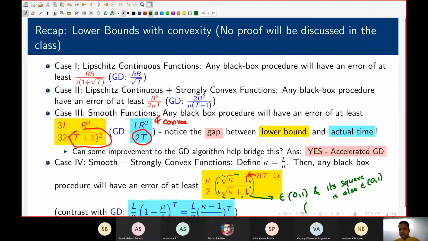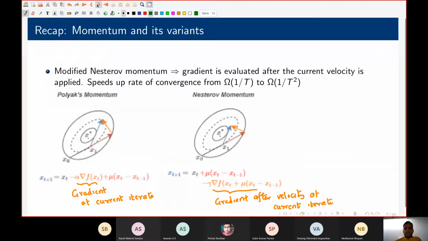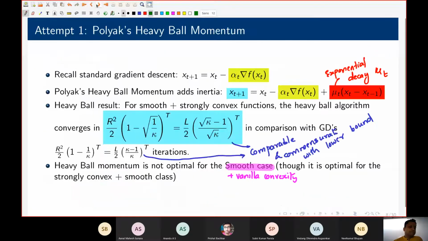So then whenever you have some factor raised to 2t, you can just think of this as that factor squared, raised to t. Hence we are not bothering so much. Okay.